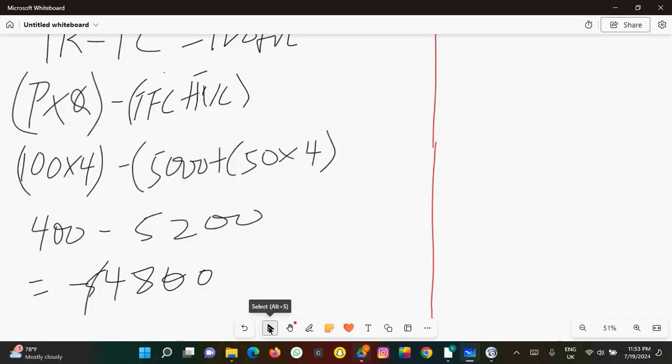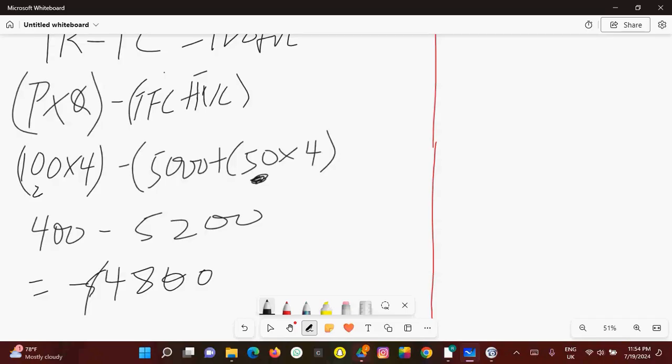The price the firm is selling at is 100, and the variable cost of labor is 50. So as long as the firm's price is higher than the variable cost, it should still be producing.